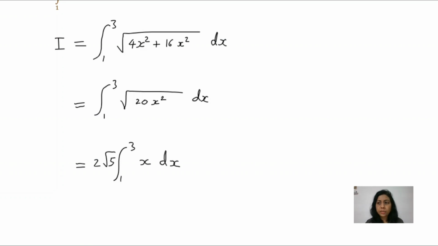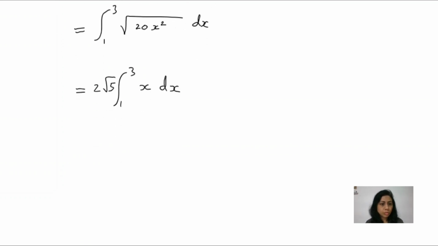Now we can integrate. So 2 square root 5, and this will be x² by 2, because here the power is 1, so 1 plus 1 is 2, and we divide by 2, and we integrate. So now we can put in the limits.